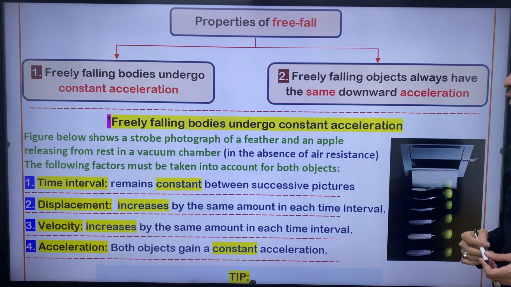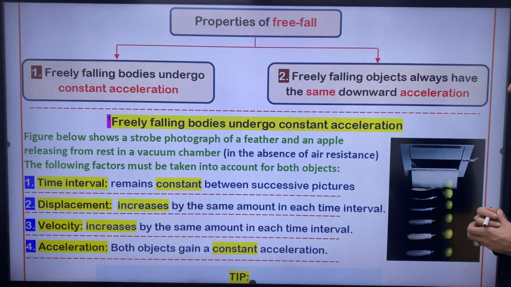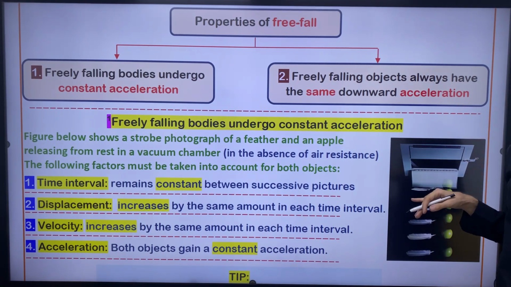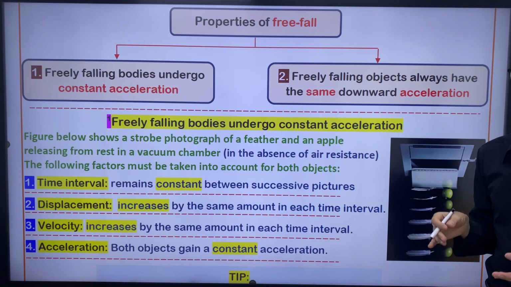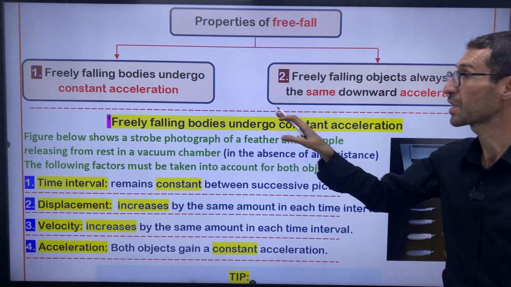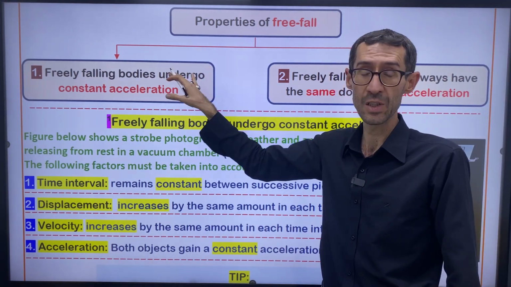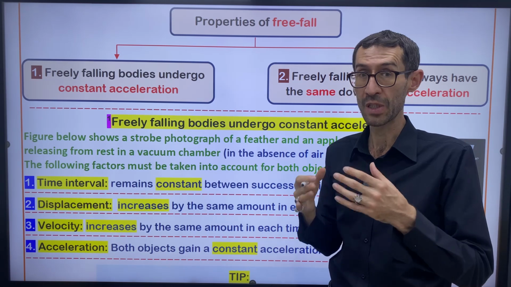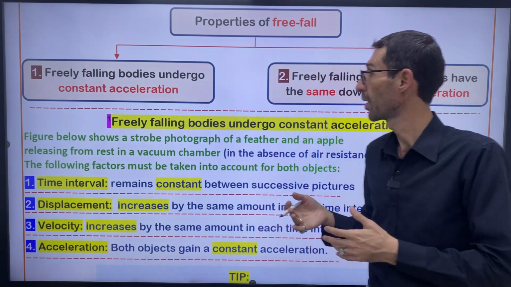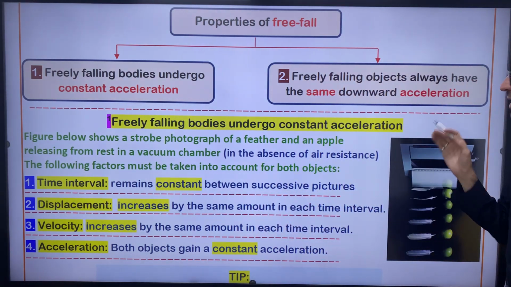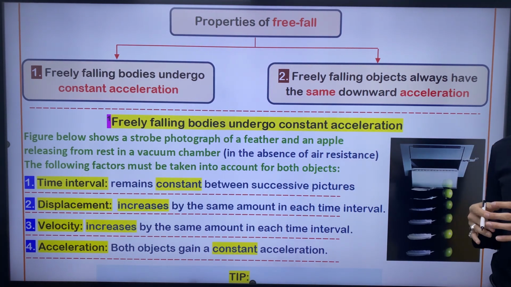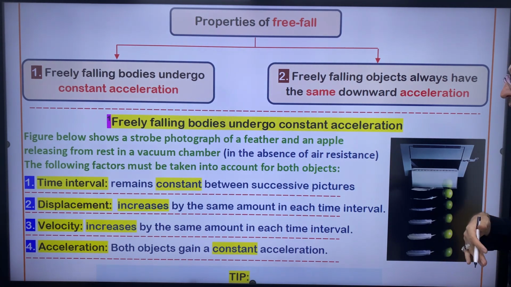So the direction of free fall objects is always downward to the center of the planet. The first property concentrates on the magnitude of acceleration, which is a constant acceleration. And the second property focuses on the direction of free fall, which is directed toward the center of the planet.